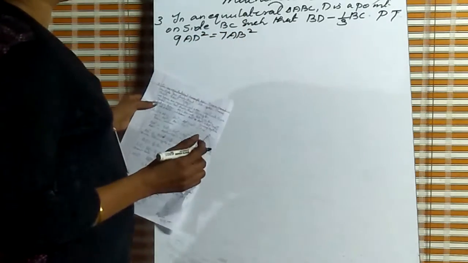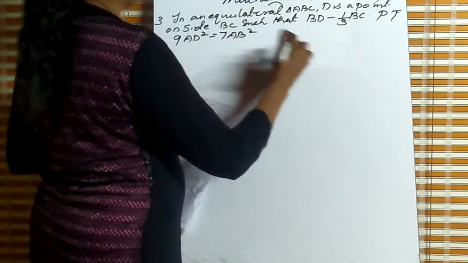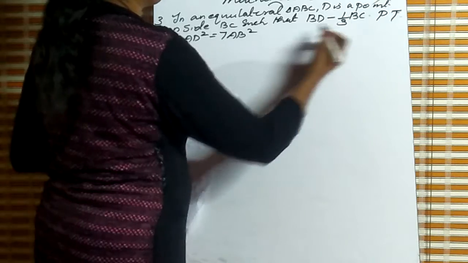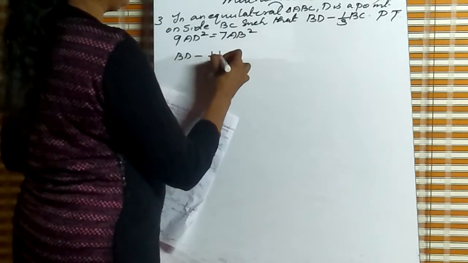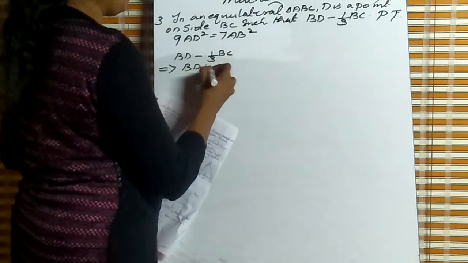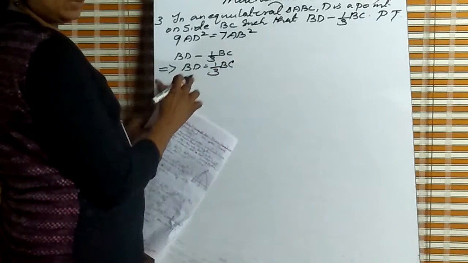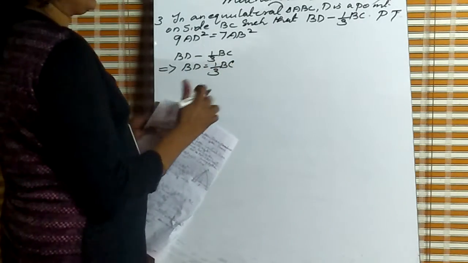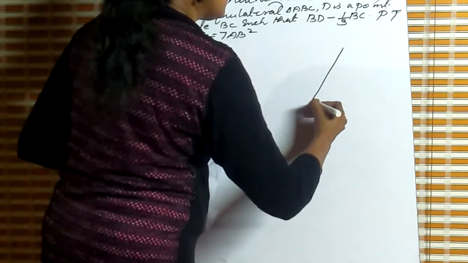In an equilateral triangle ABC, D is a point on side BC such that BD is 1 by 3 BC, implies BD is equal to 1 by 3 BC. This is the condition. The length BD is equal to BC divided by 3.